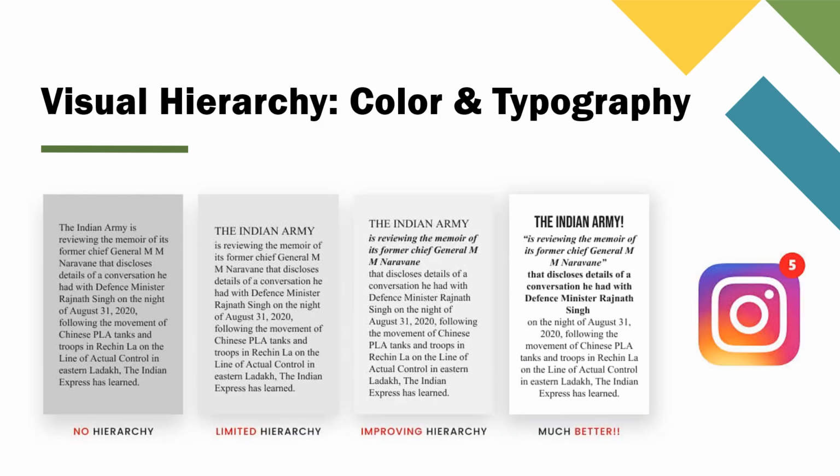And then we can also achieve visual hierarchy through color and typography by directing attention. One way we can direct attention is using bright colors, because bright colors stand out, while muted colors are going to fade into the background. Another thing that we can do is have a consistent font hierarchy, because that's going to improve readability. The hierarchy of headings first, and then subheadings, and then body text.